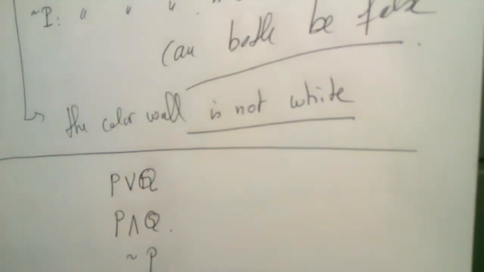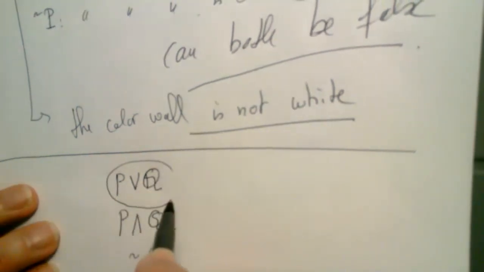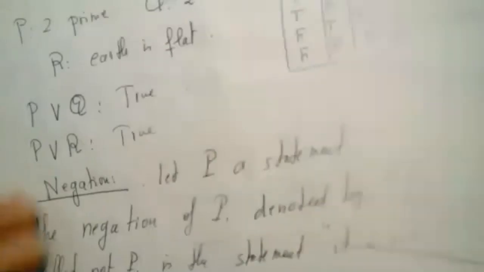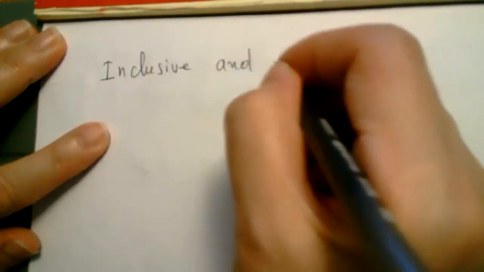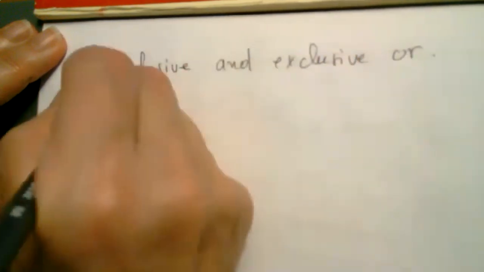There is one more that I will talk about next time because it's very important, but I want to make a comment about the OR before we move on. So what's my comment about the OR? A very important comment: inclusive and exclusive OR.